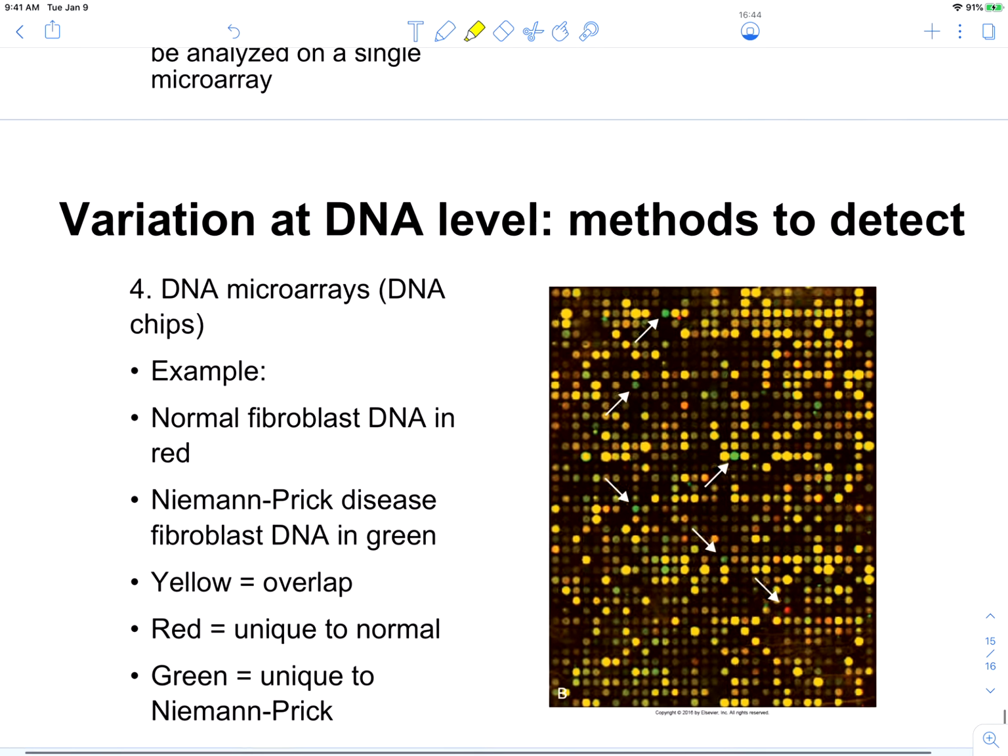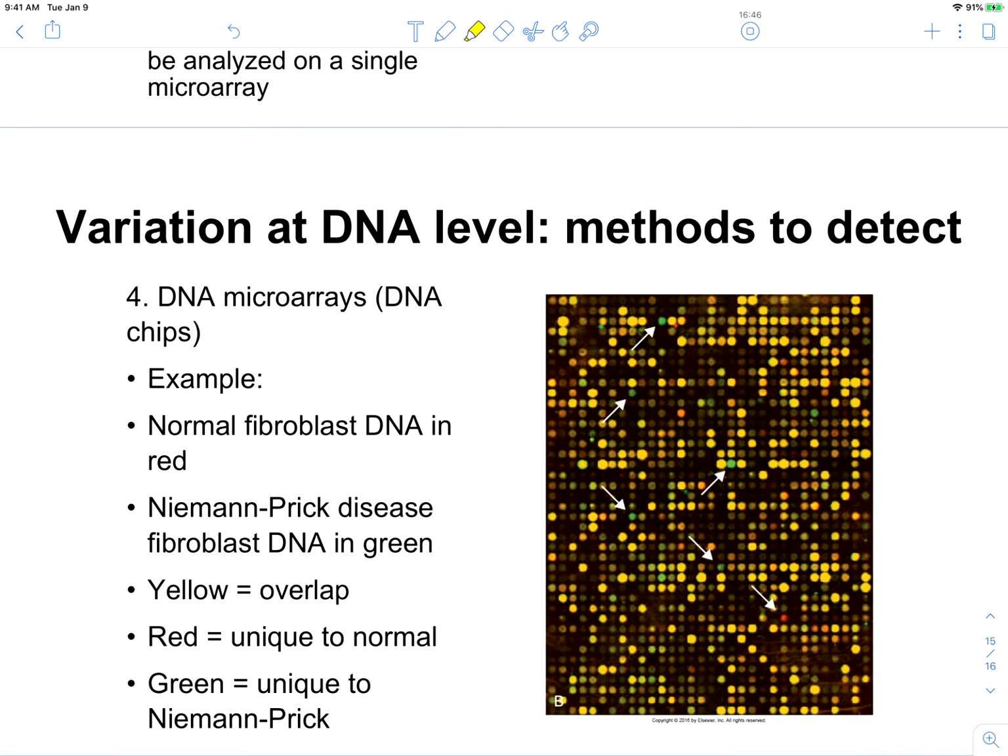This is an example of a DNA microarray chip. This is normal fibroblast DNA in red, Niemann-Pick disease fibroblast DNA in green, and the yellow is an overlap. If you go through this, you can see that in the normal DNA you have these brighter areas of red, and then you also have these areas of green, and those would be specific for Niemann-Pick disease.